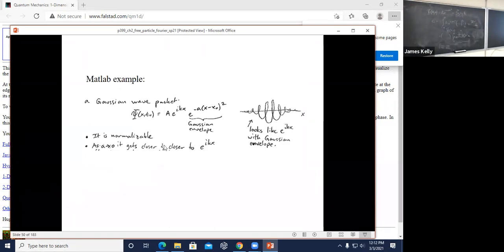The example I showed in MATLAB, or it's a MATLAB simulation anyway, was of a Gaussian wave packet where the envelope was a Gaussian shape, and underneath there was a faster-frequency oscillation. So the e to the ikx is spinning around in the complex plane, but it's modulated by that Gaussian envelope.